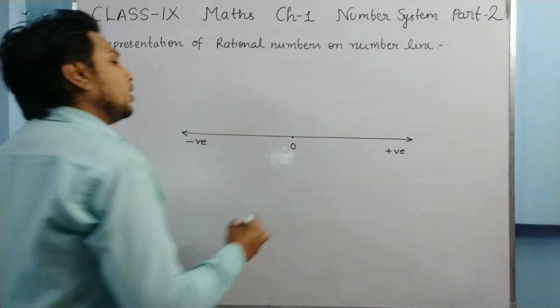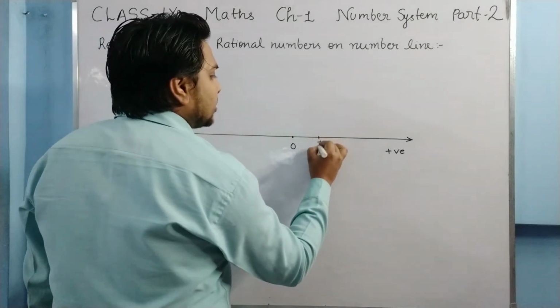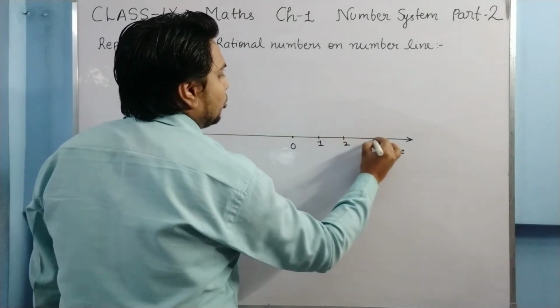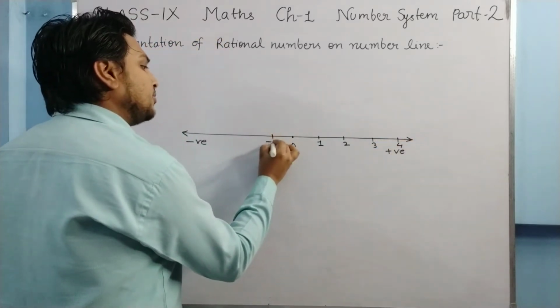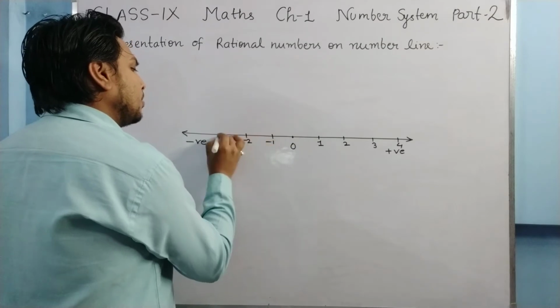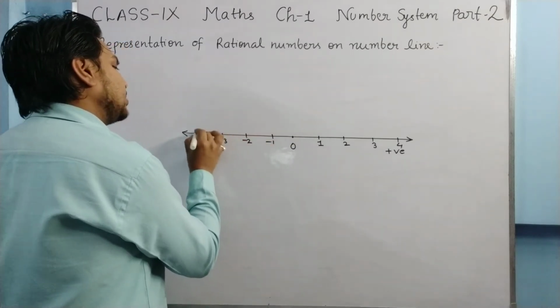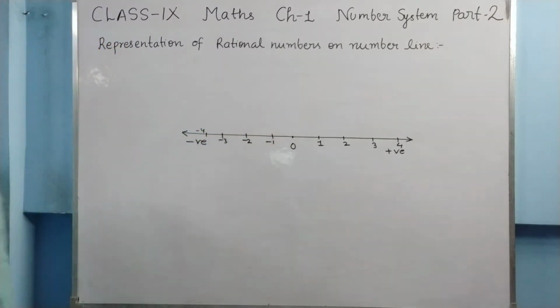At equal distances, numbers are there: 1, 2, 3, 4, and here -1, -2, -3, -4 and so on. The numbers are like this.